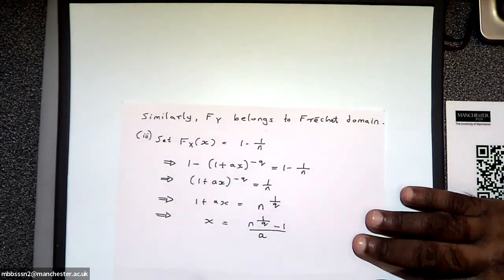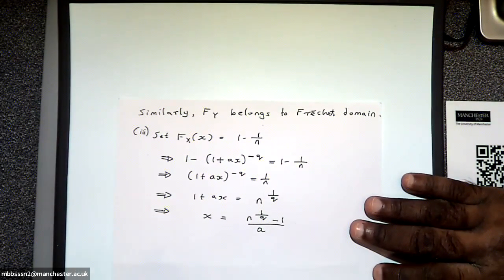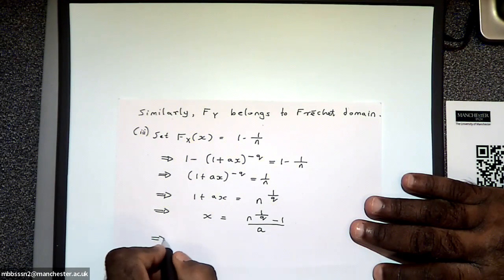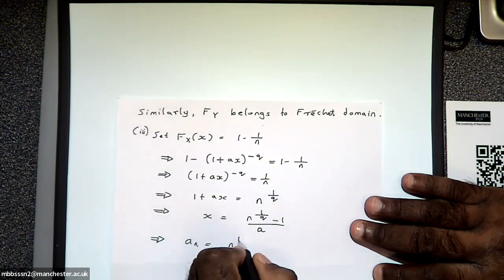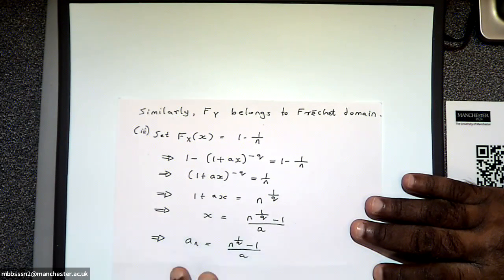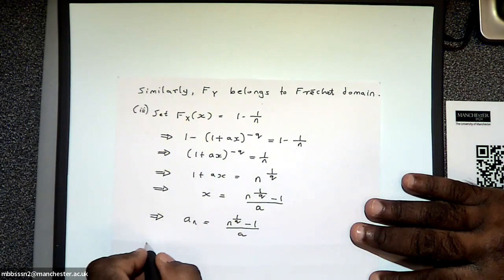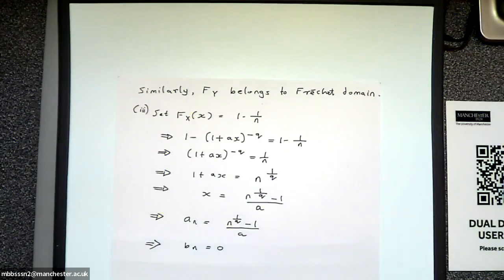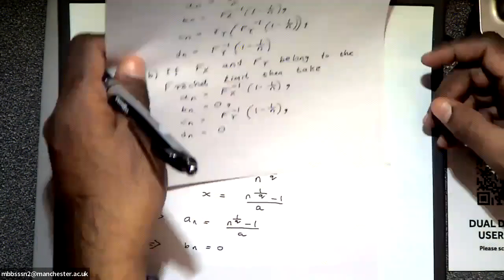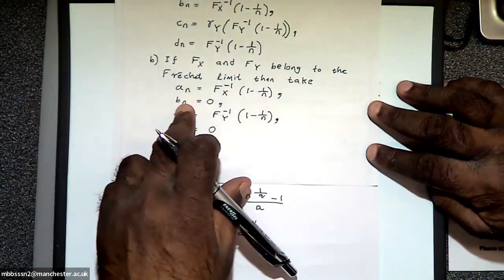So this is your an. So your an is equal to this, and your bn is 0 because that's what you're told. If you look at the formulas here, once again, your bn is 0.